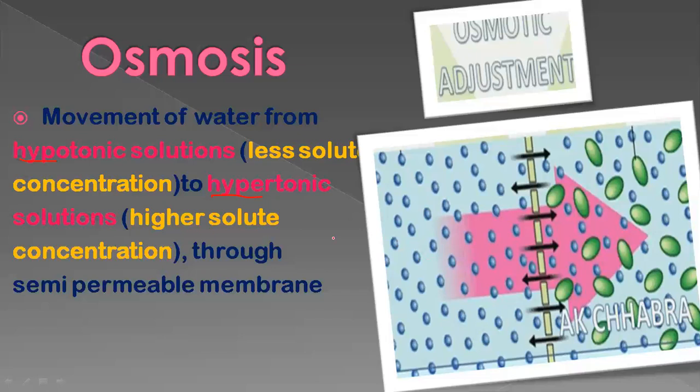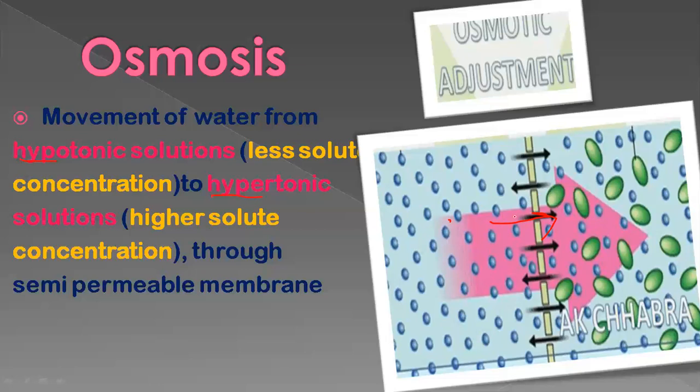If we see the osmotic process, we can say that water molecules will move from a lower concentration of solute to a higher concentration of solute. Water's concentration is higher where the solute is less, and where the solute is more, water is less.